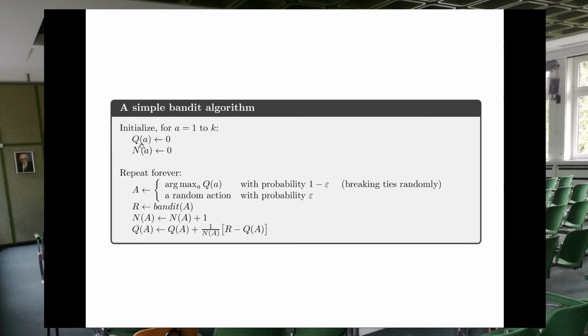Since we don't know anything about those actions, we give an initial Q value of 0 to all of the actions, and N will be a counter of how many times you have executed action A. So we initialize it also with 0, and then you need to repeat forever, or up to some number of training episodes, the next steps.